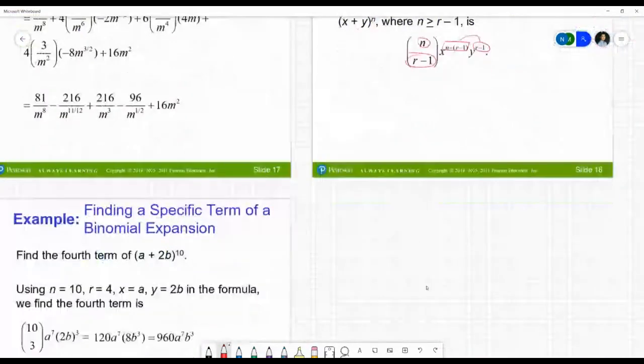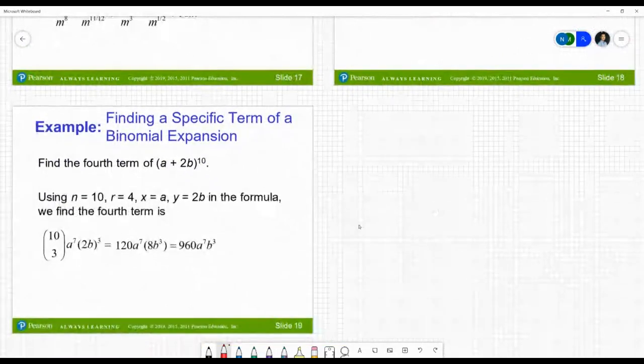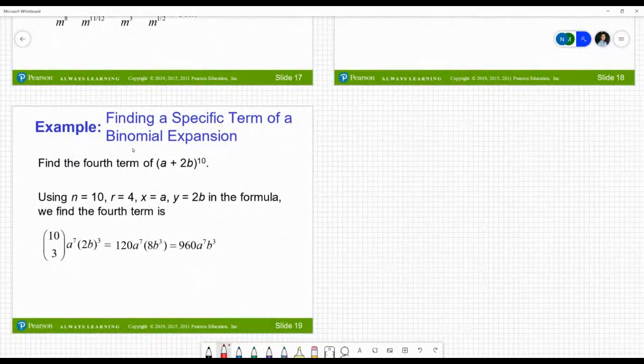So here they asked us to find the fourth term. Let's do this one together. If they tell you to find the fourth term, that means the r value has to be one less than that, so it needs to be 3. The top number is going to be your n, so that's 10.